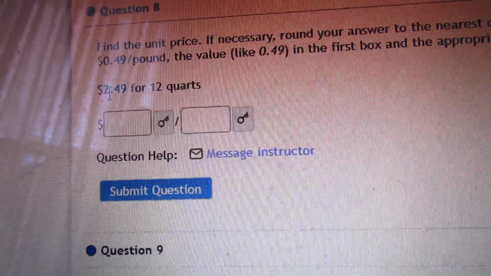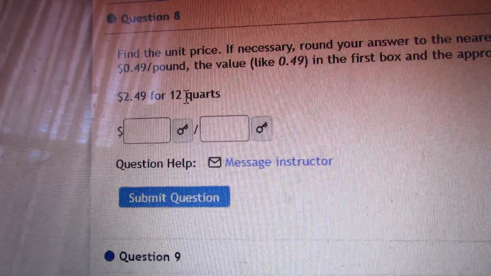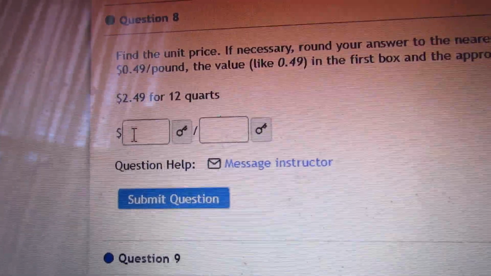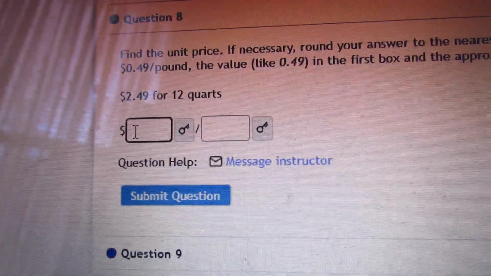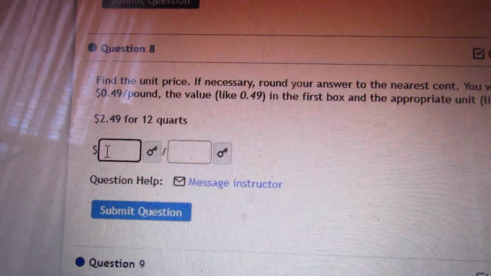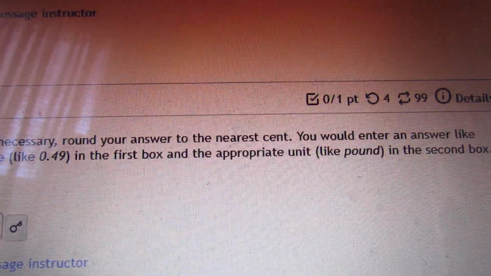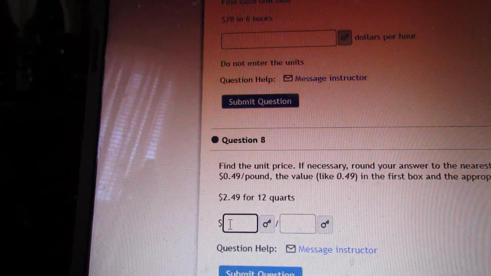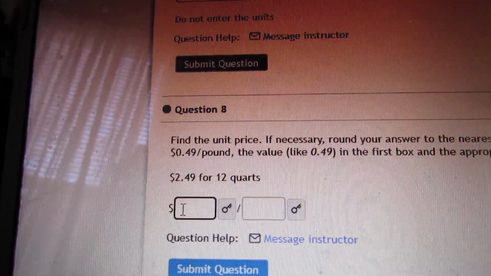So in this situation, it's 2.49 for 12 quarts. And it gives you the first one is the dollars. So I'm going to divide that, and it does say to round to the nearest cent. So 12 will go into $2.49.